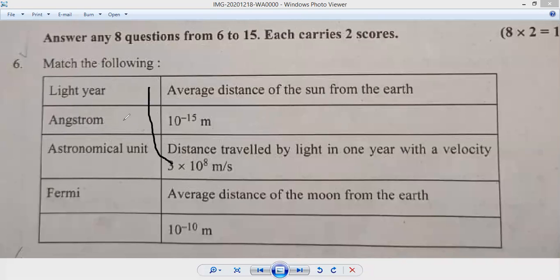And 1 angstrom is equal to 10 raised to minus 10 meter. And 1 Fermi is 10 to the power minus 15 meters. And what is an astronomical unit? It is the average distance between the Sun and the Earth. Actually, from the center of the Sun to the Earth. So that's the astronomical unit. We can erase this option, it's the wrong option. Okay, so that's the answer of the match the following type question.